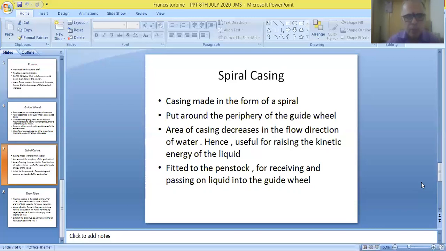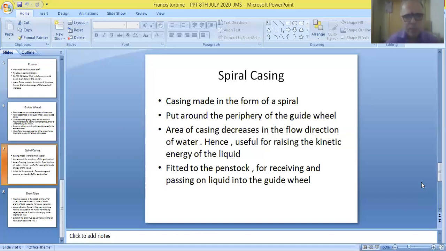Water coming from the penstock will be flowing inside the casing in a clockwise direction. The area of the casing is decreasing in the direction of flow of water. Therefore, the casing is also used for increasing the kinetic energy of the liquid.